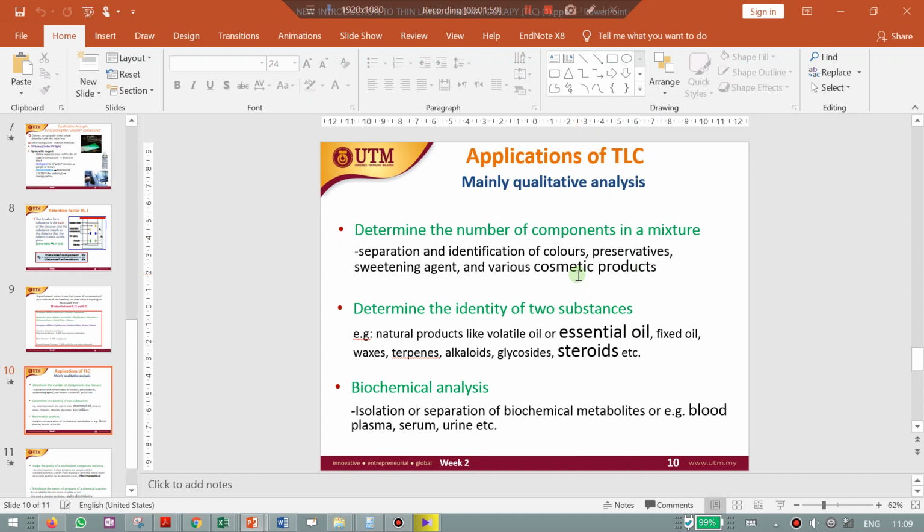Or you want to get an idea, for example, you work at company A, and you buy a pen from company B. You want to reverse engineer to produce about the same pen as company B. So you send the pen from company B for TLC and check for different spots.